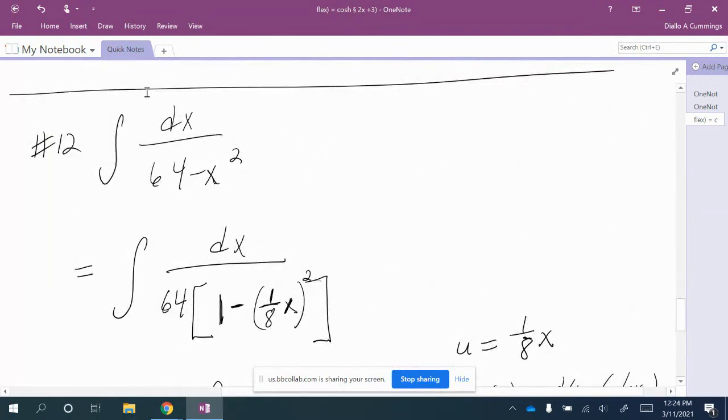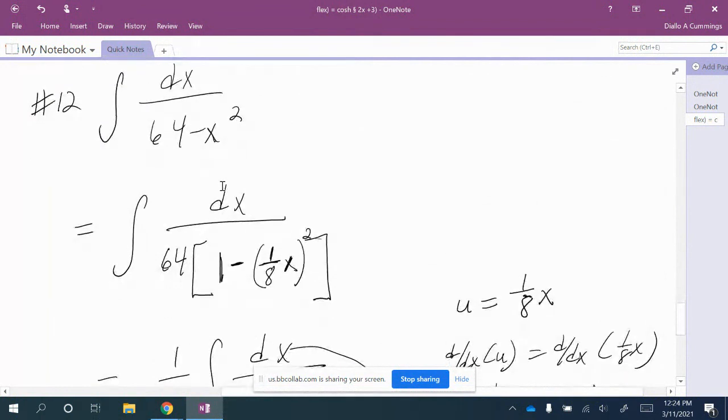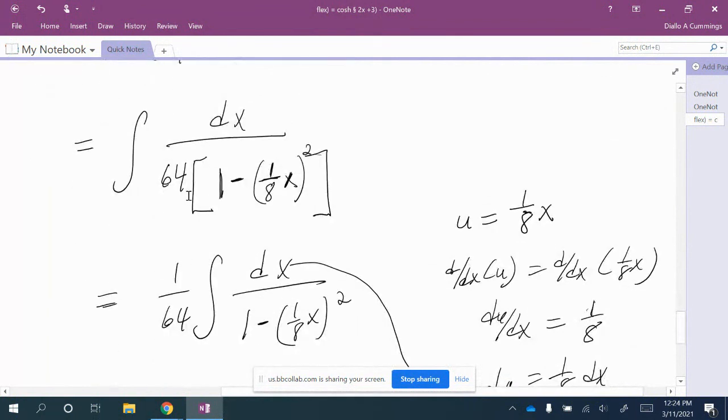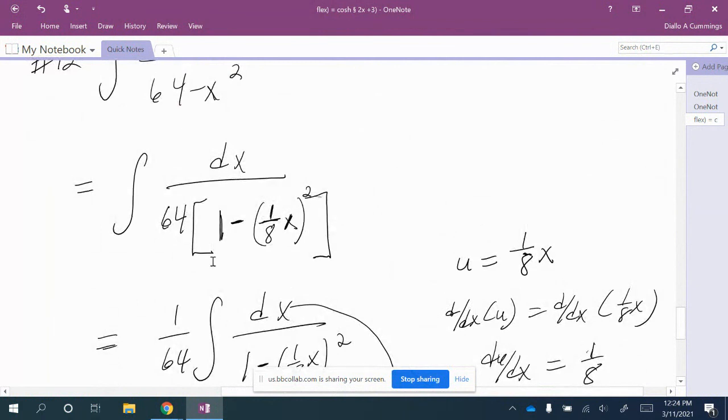All right, so we're asked to integrate dx over 64 minus x squared. I factored out 64 in the denominator. Notice how 64 times 1 is 64, and 64 times 1/8 x squared gives me x squared.